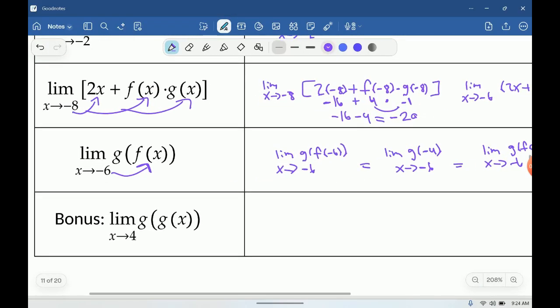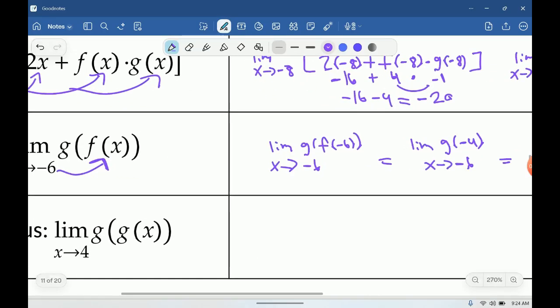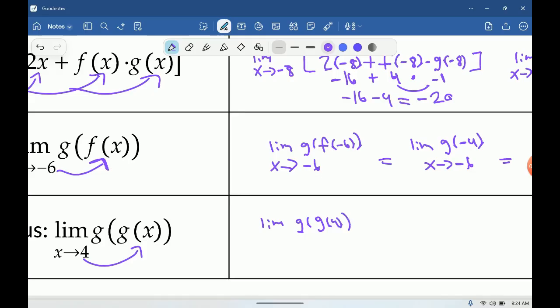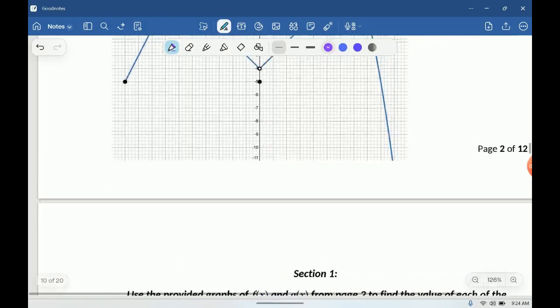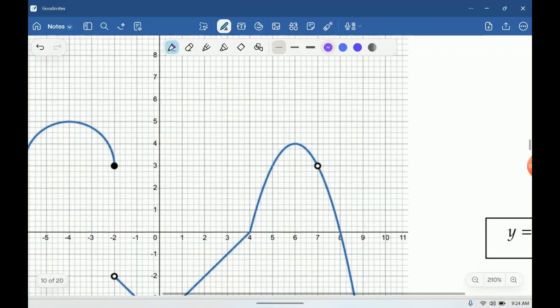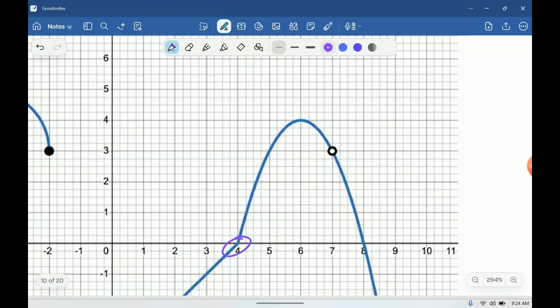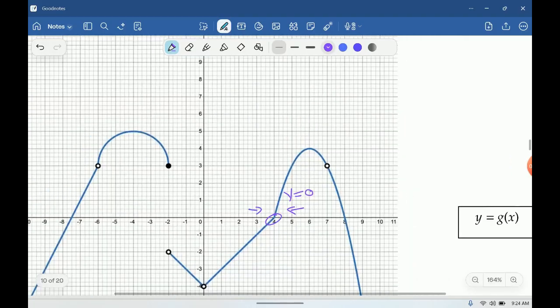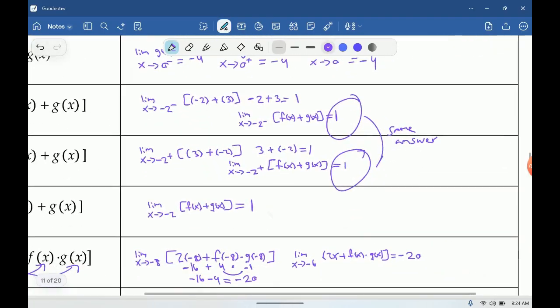Our bonus question asks us to find the limit of g considering g of x as the limit approaches 4. First thing we're going to do, we're going to substitute 4 for the x. Limit of g as the limit approaches 4. We're going to go to our graph, and we're going to find our x equals 4 right over here. We can see both limits happen to meet at the same spot at y equals 0. So we would replace that.